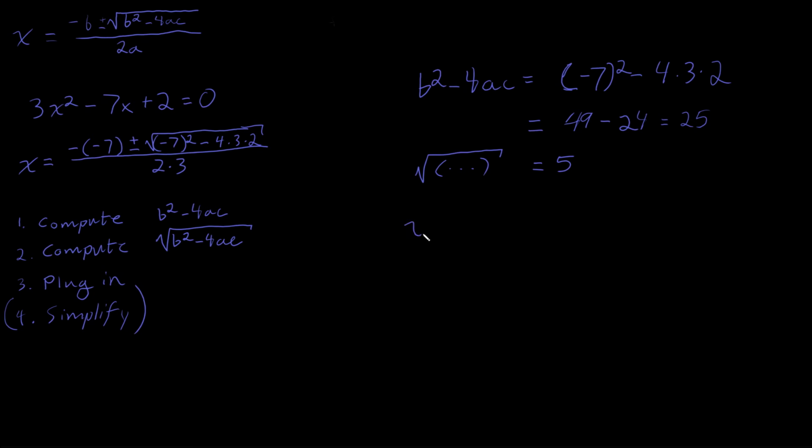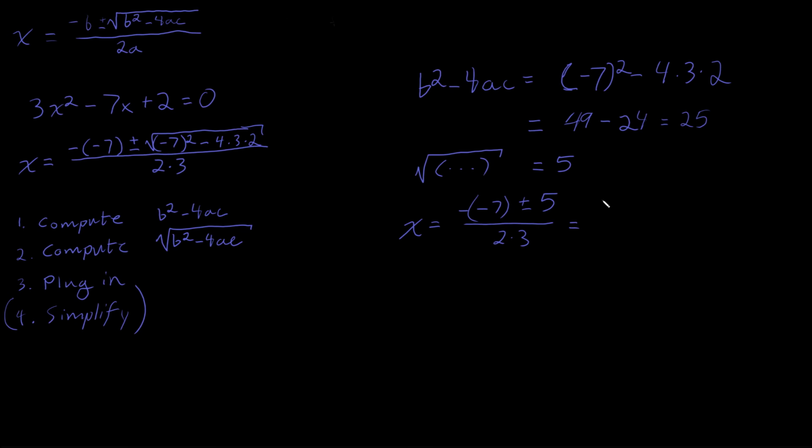And then what we're going to do is we're going to plug it in. x is equal to negative 7 plus or minus the square root. Well, we don't need a square root anymore. We know that that is 5, divided by 2 times 3.